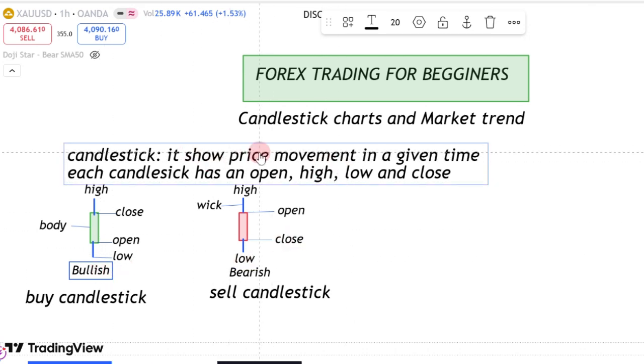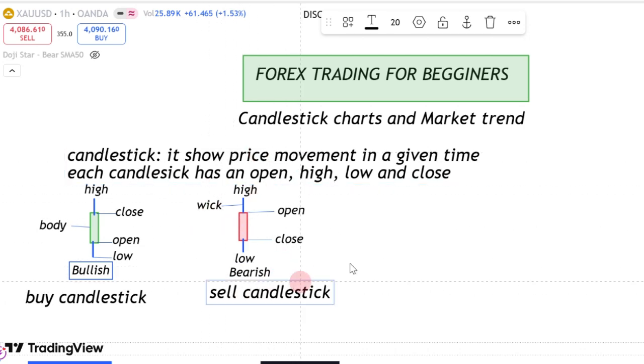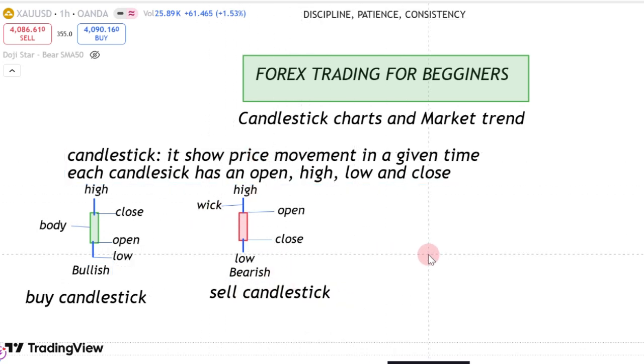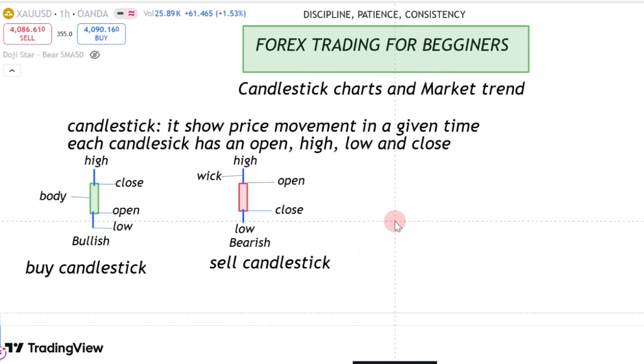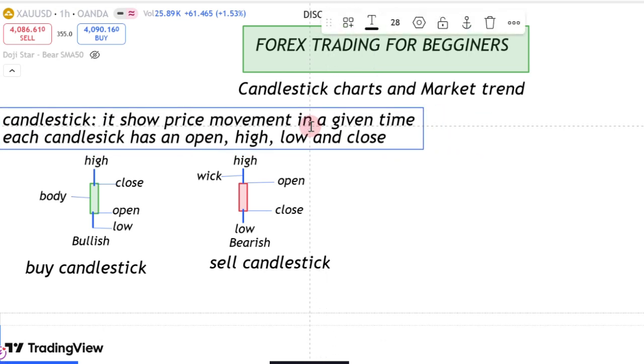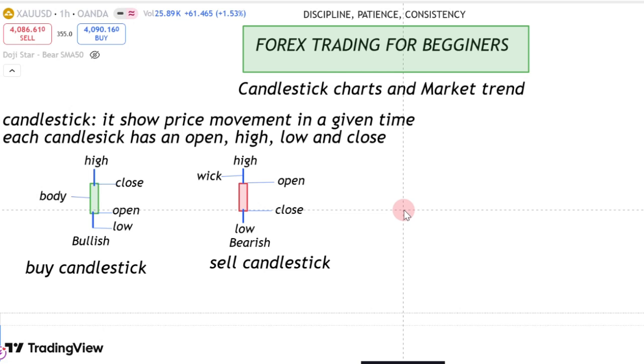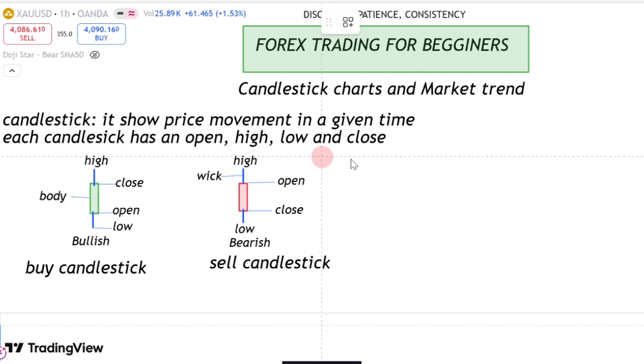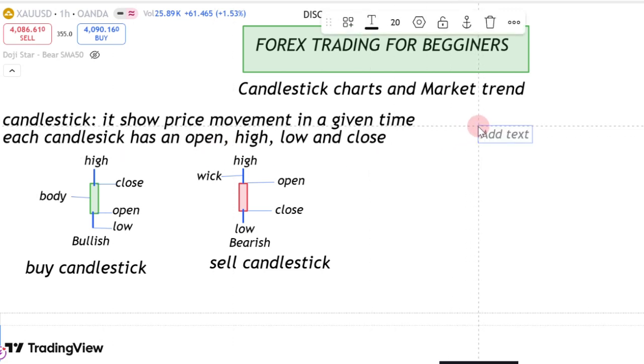So now you have a clear view of the meaning of a candlestick and how it works. This is how candlesticks look. Since we are done with the candlestick, let's go with the market trends.